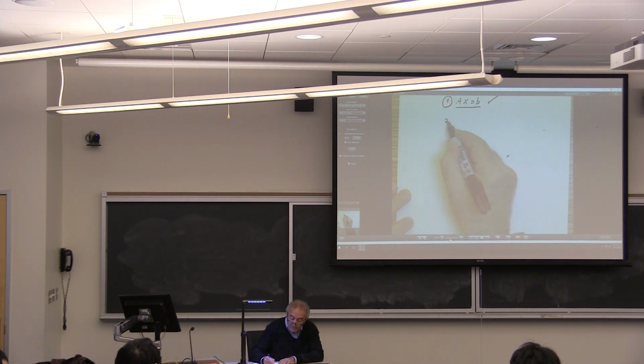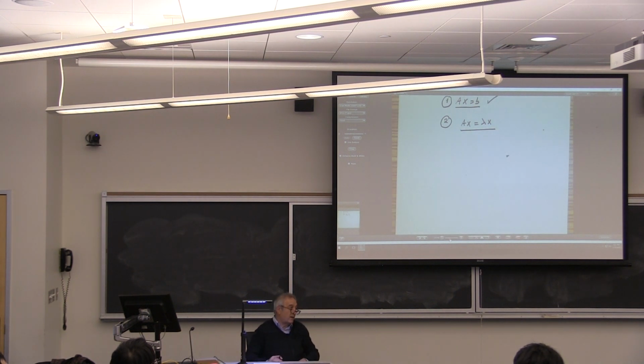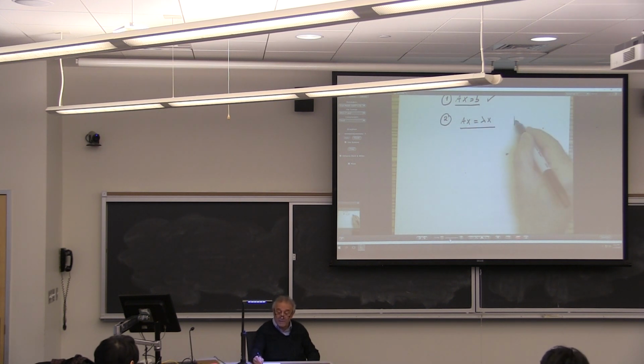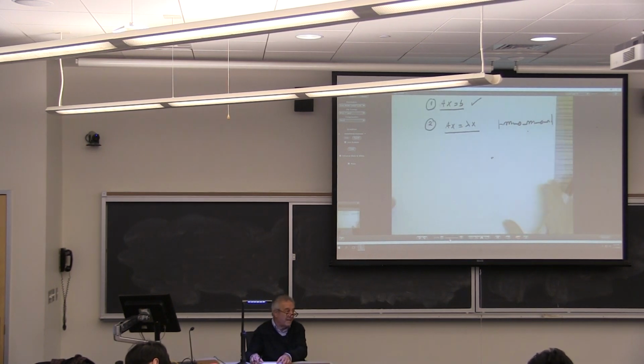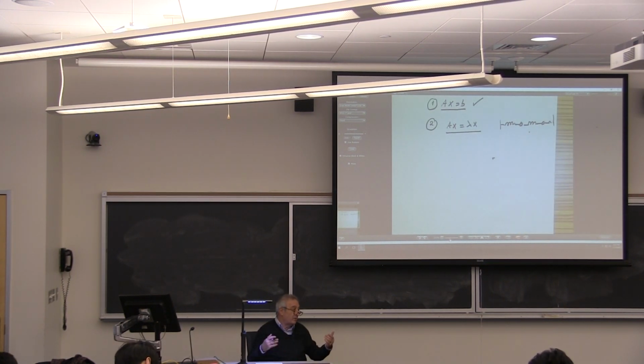The second type of equation that comes into the picture is AX equal lambda X. This equation is called the eigenvalue-eigenvector problem, okay? You guys are in the mechanical engineering department, right? All of you who have a mechanical background know that if you take, for example, a mass-spring system and you solve some sort of vibration problem, the solution is going to be sinusoidal.